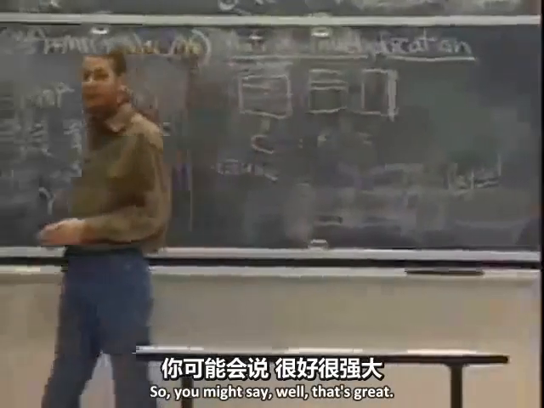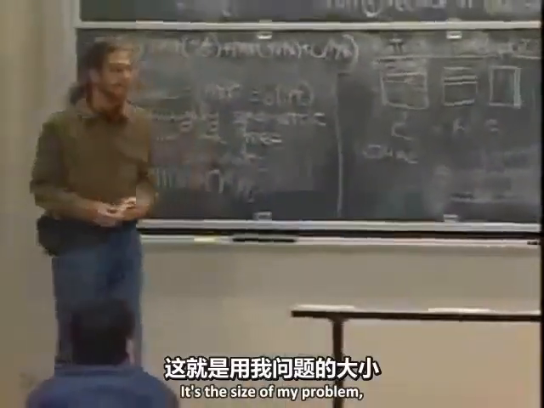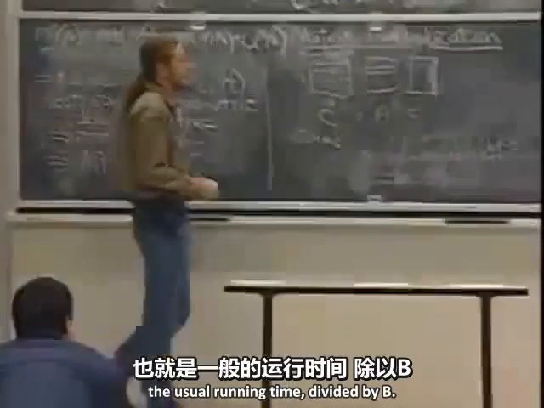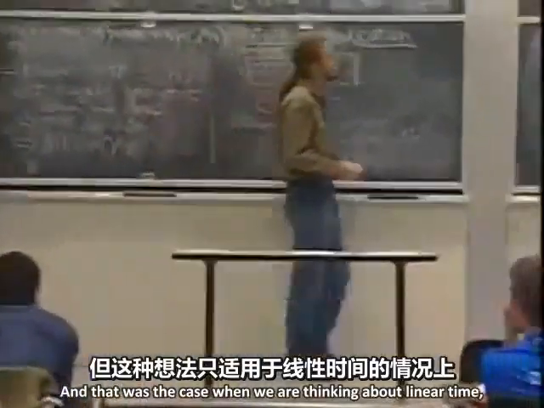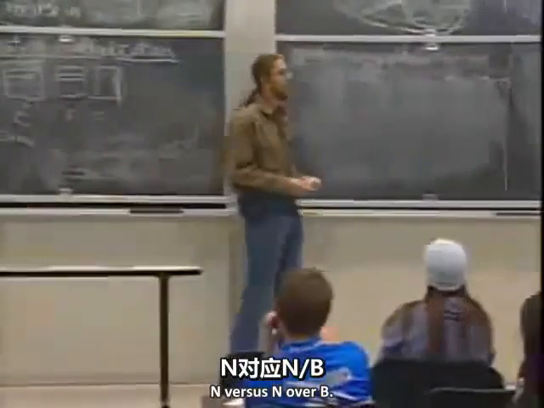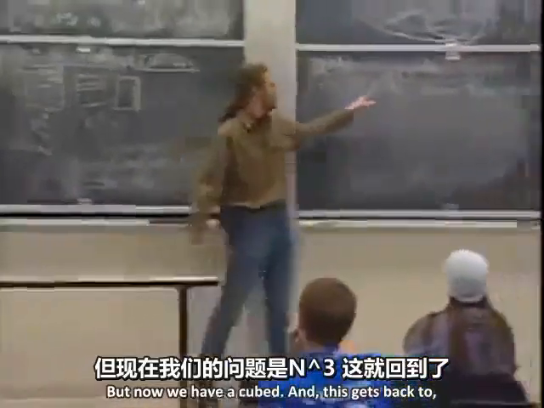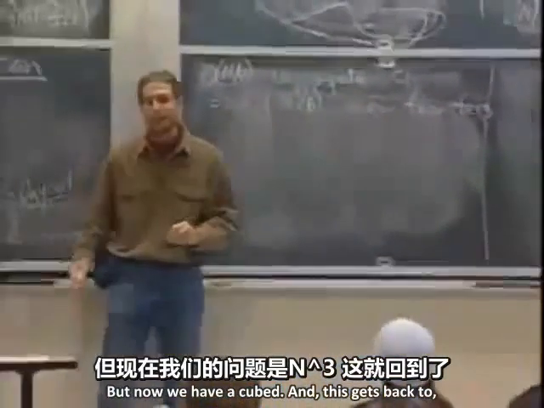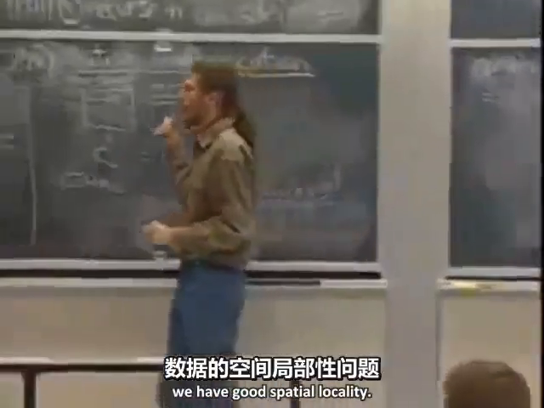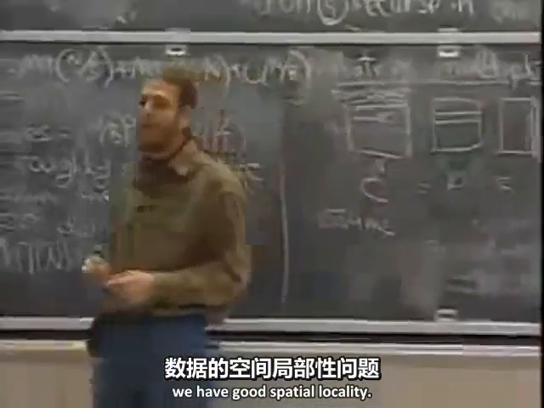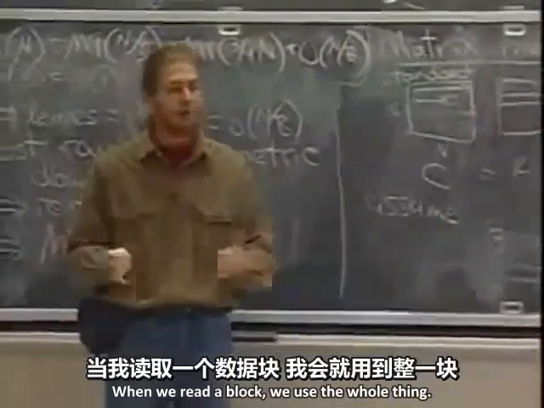So you might say, well, that's great. It's the size of my problem, the usual running time, divided by B. And that was the case when we were thinking about linear time, n versus n over B. It's hard to beat n over B when your problem is of size n. But now we have a cubed. And this gets back to, we have good spatial locality. When we read a block, we use the whole thing.